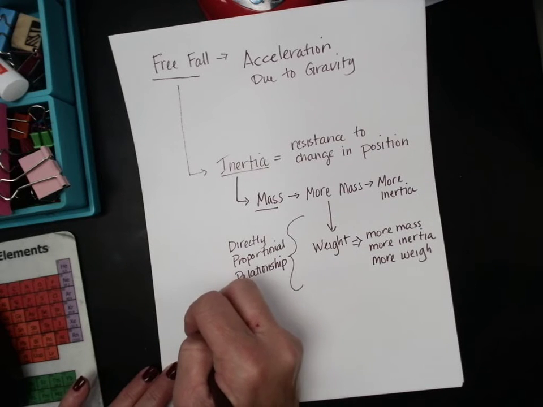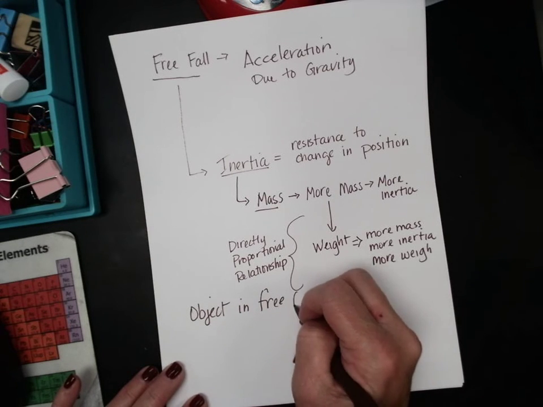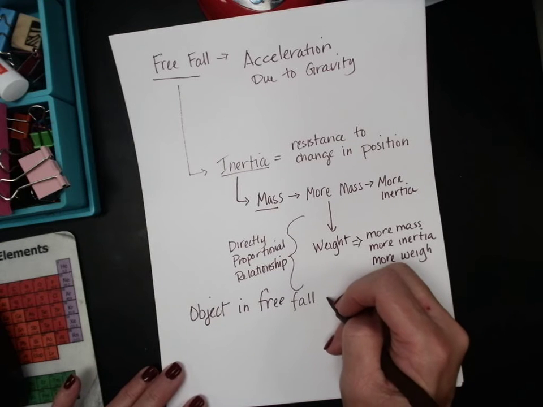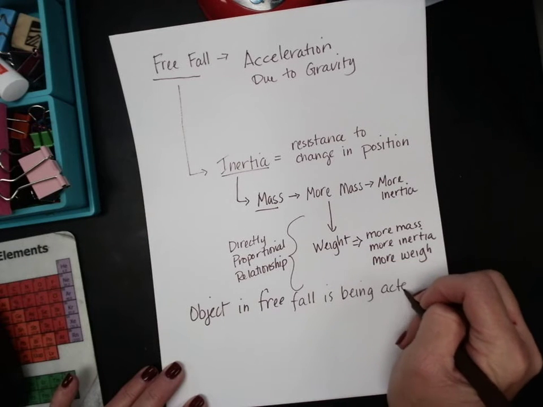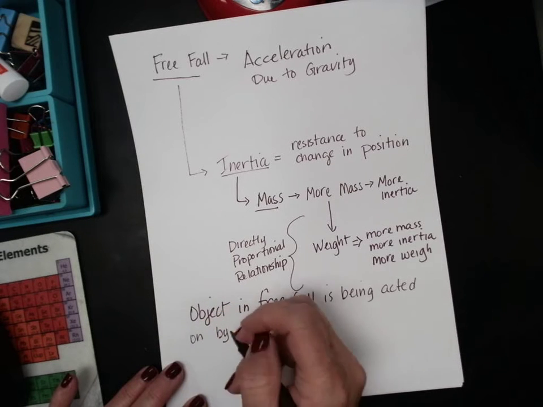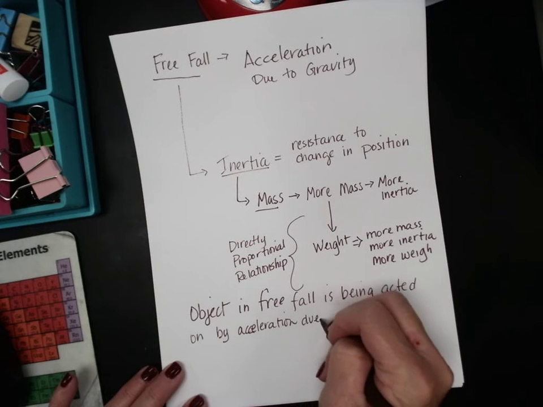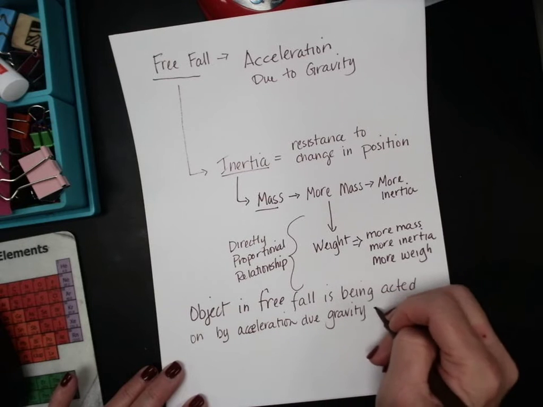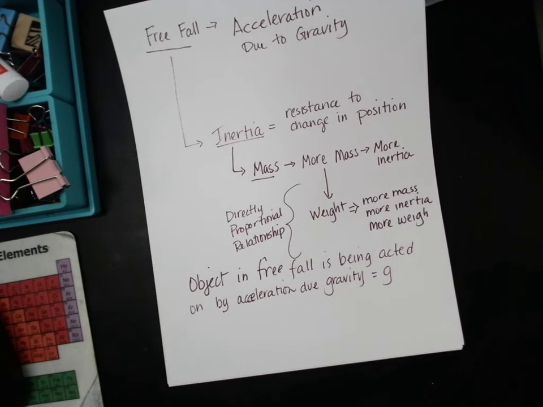When I have an object, let's say, that's in free fall, then it's being acted on by acceleration due to gravity, which we call G. So all along, when we've been talking about things in the horizontal plane, we've been talking about A. Now that we're in the vertical plane, we're going to talk about G.